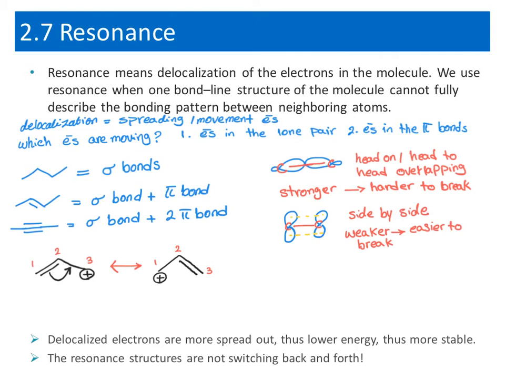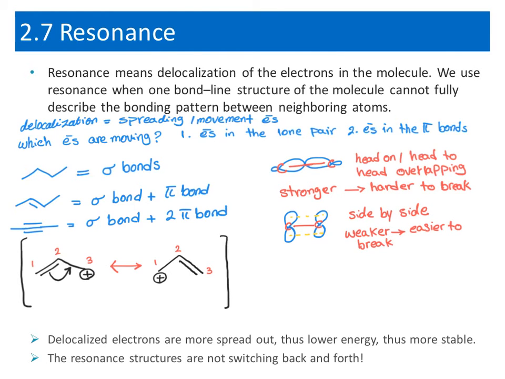Now, if you look at these two structures together, you can see the positive charge is now spread out over two positions, carbon 1 and carbon 3, which can fully match the molecular orbital theory studies.